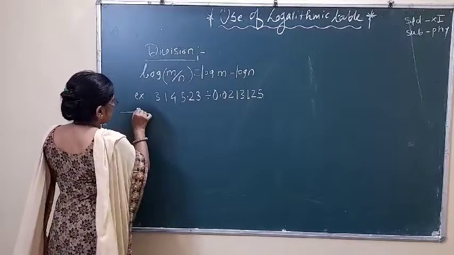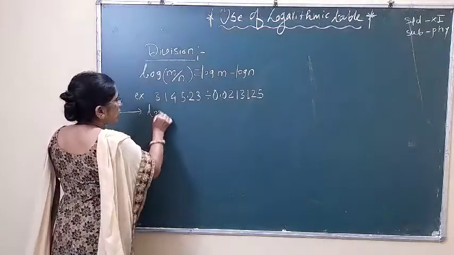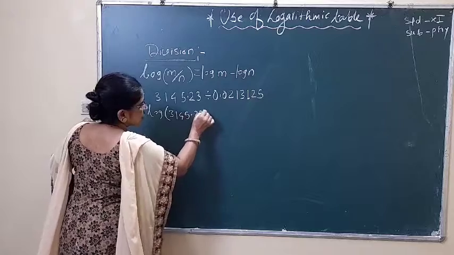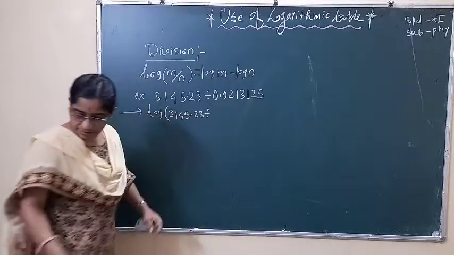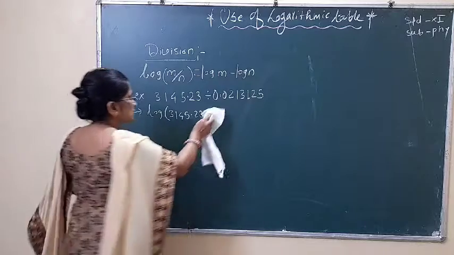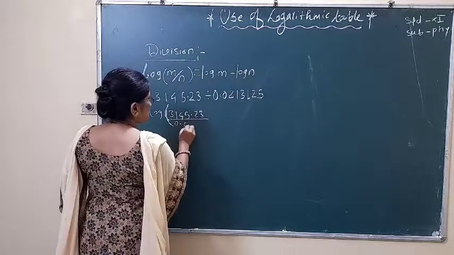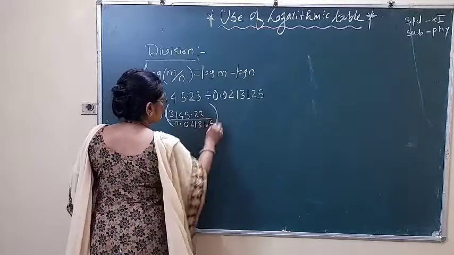Then apply log here. Log of 3145.23 divided by 0.0213125.